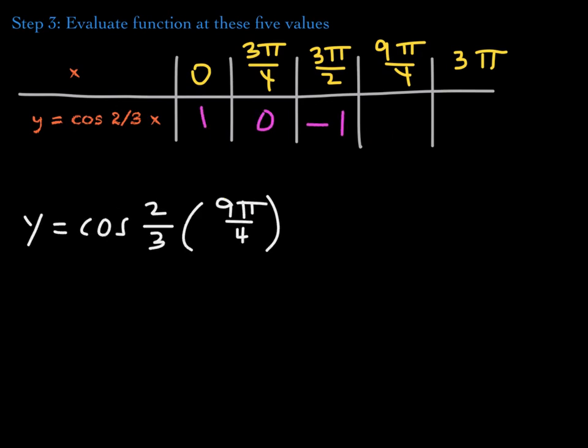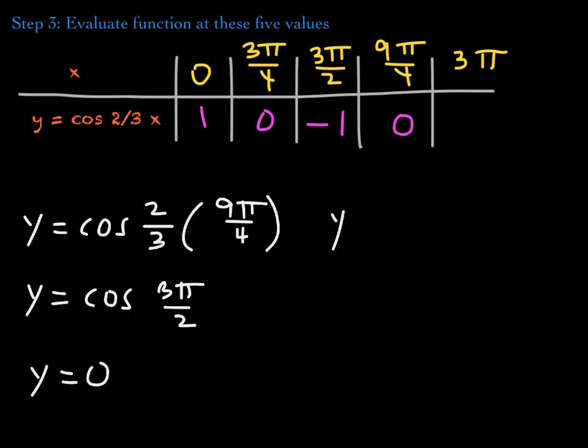All right, I'm plugging in 9 pi over 4. And this simplifies to cosine of 3 pi over 2, and cosine of 3 pi over 2 is 0 for sure. So the pattern holds true. One more to go. Y is equal to, and you should expect a 1 here, shouldn't you?